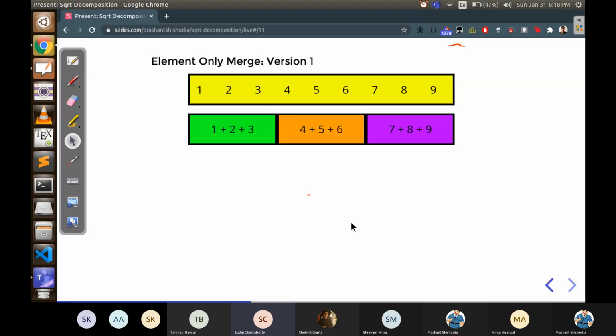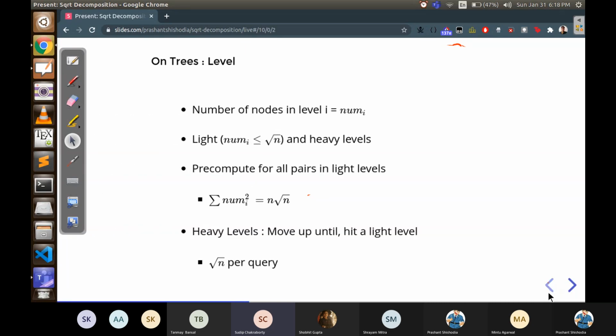In the example that you gave in the previous one, if level one is very heavy, the number of nodes is many, and for level 2 or level 3 they are light. So for computing any pair in level 2 or level 3, you have to already compute all the decomposition of level 1. So how do you do that?